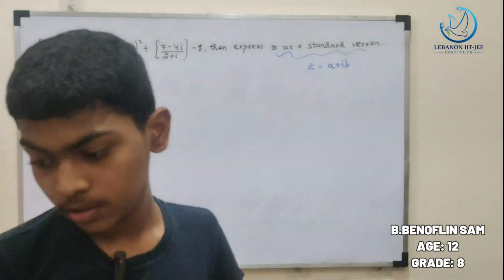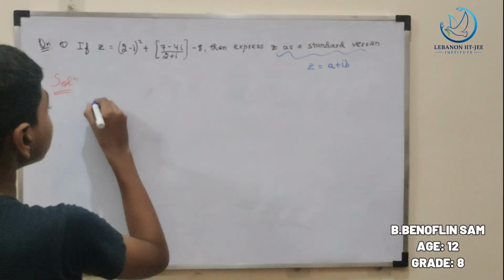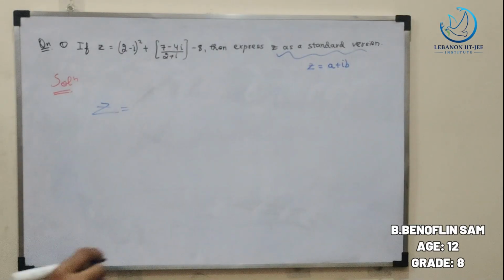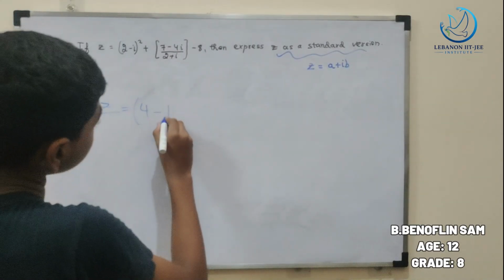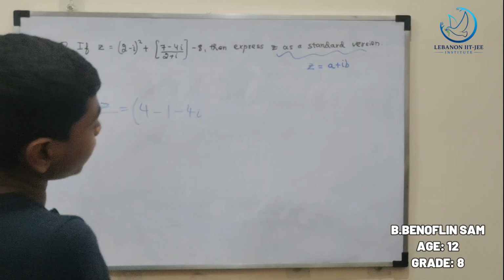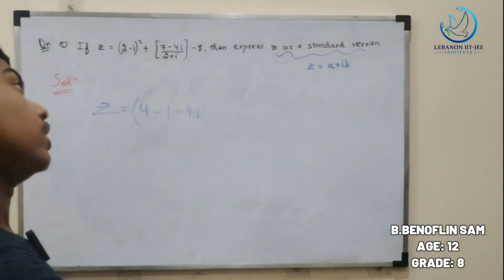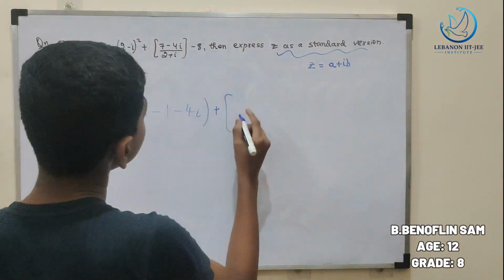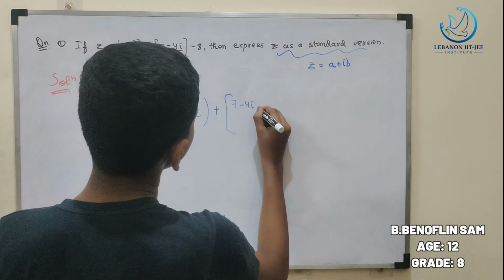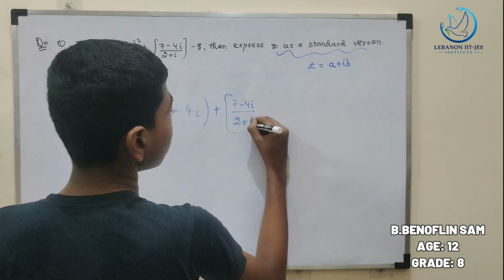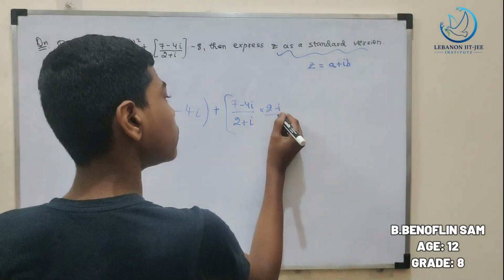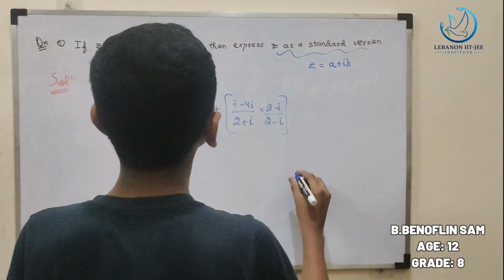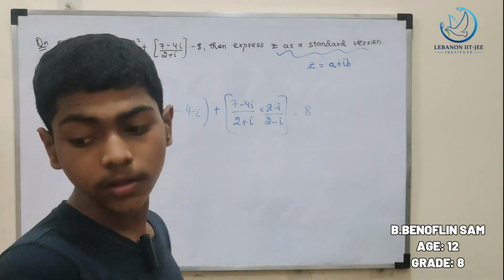We can take z as (4 minus 1 minus 4i) plus, we're going to multiply 7 minus 4i by 2 plus i, multiplying by 2 minus i on both numerator and denominator, then minus 8. This is the first step.